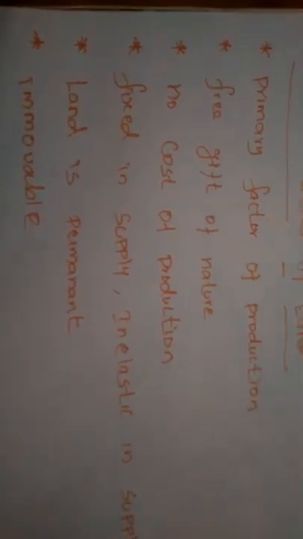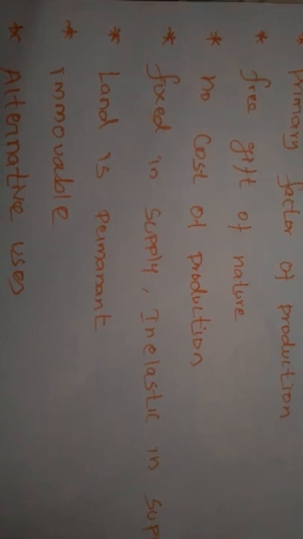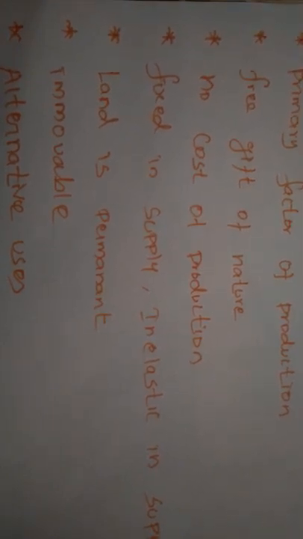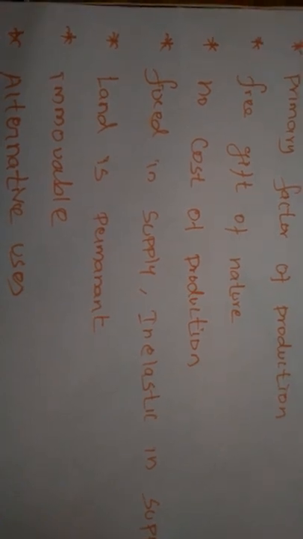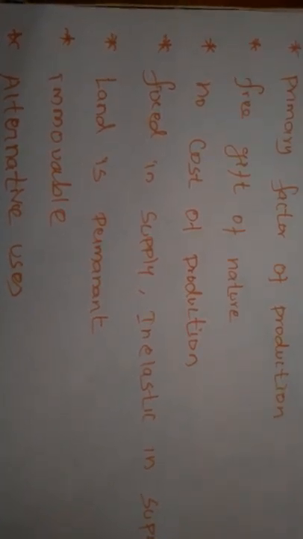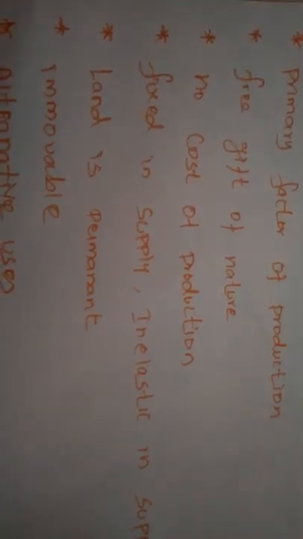Next, land is fixed in supply, and it is inelastic in supply also. In one acre of land, how much crop we can produce is a fixed supply from that land.